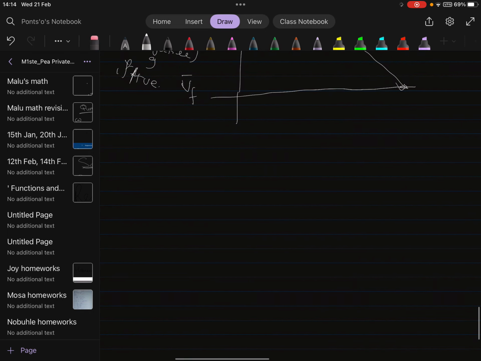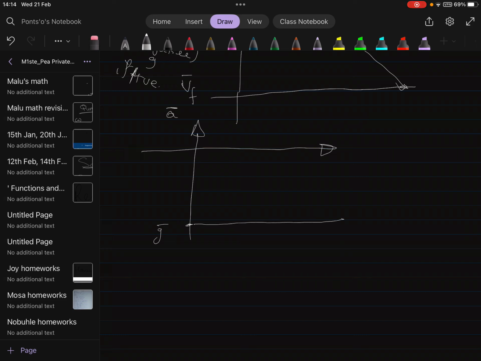Alright. And then the last plot we've got is acceleration. Definitely. So because our acceleration is somewhere there and it's constant, our graph will look something like that.